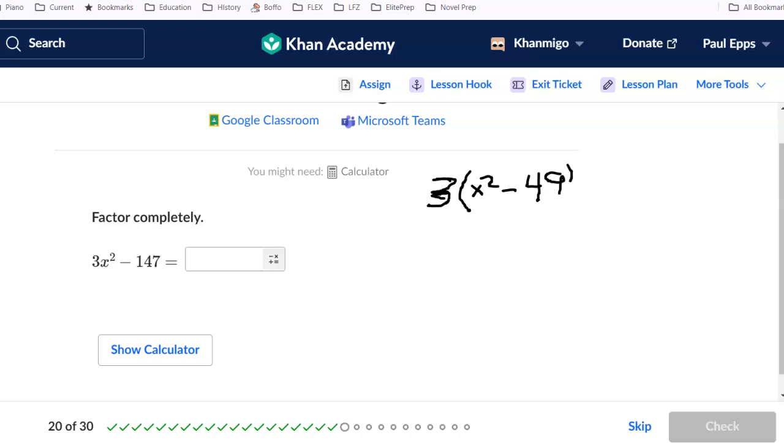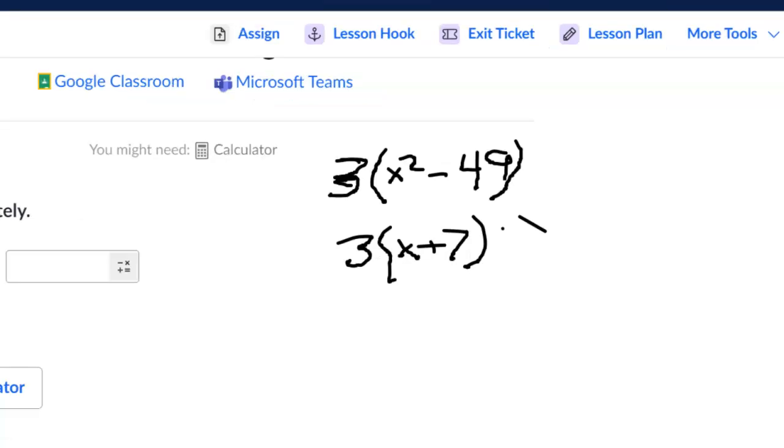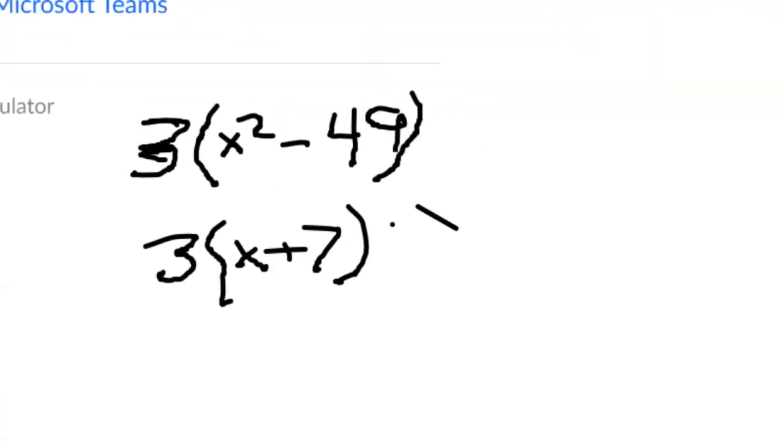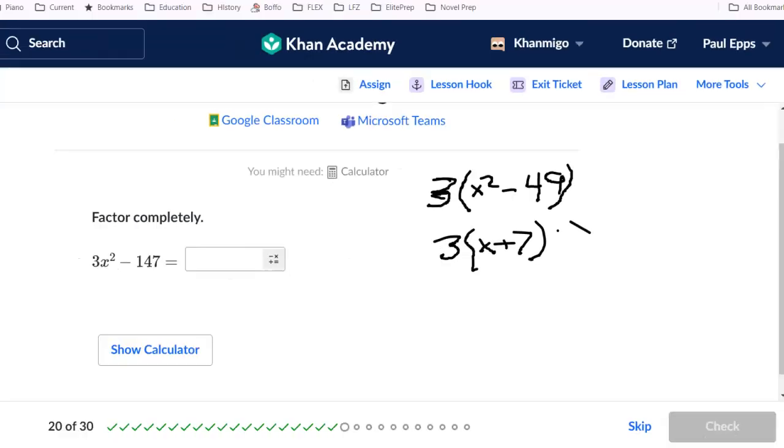Now that is a difference of squares in parentheses, so we can do it like this. 3 times x plus 7, x minus 7.